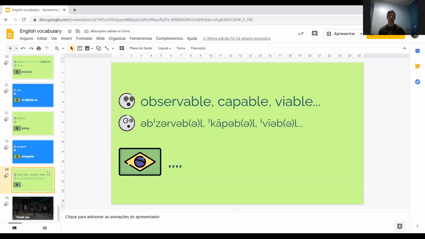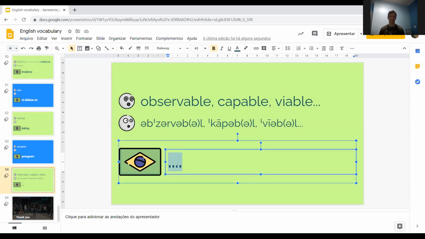Here we go. Program. That's it. And we didn't do that yet. This is the last one. Because I just put this one on because able, we say able, but observable, I think it is with another sound of the able part. Observable, capable, viable. That was great. Observable, capable, viable. Is there a rule for that?